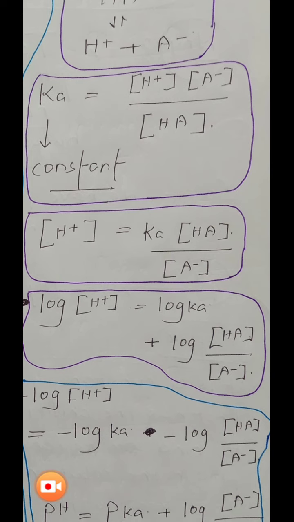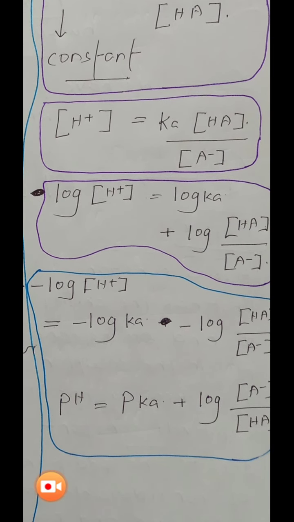Now we take log of both sides: log H plus concentration equals log Ka plus log of HA concentration divided by anion concentration. This is the rule of logarithm. Now we take the negative for both sides.